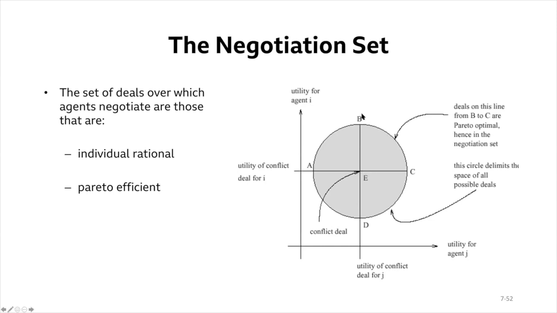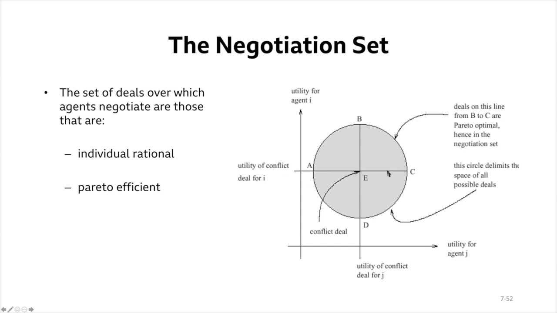So it's only the deals that are to the right of this vertical line which are individual rational for agent J. And similarly, it's only deals which are above this line which are individual rational for agent I, right? So if agent J proposed a deal which was below that line, let's say there, agent I would never accept it because it would just prefer its conflict deal. It would prefer to do its tasks as part of the conflict deal.